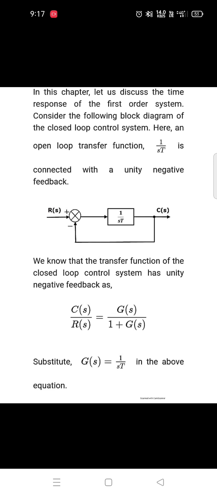So first, let's discuss the response of the first order system considering the following block diagram of a closed loop control system. Here an open loop transfer function 1 upon sT is connected with a unity negative feedback.